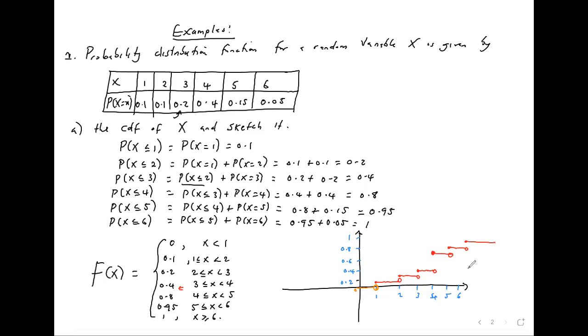So then, after you get the CDF and you get that, the follow-up question is B, find the probability that X is greater or equal to 4.